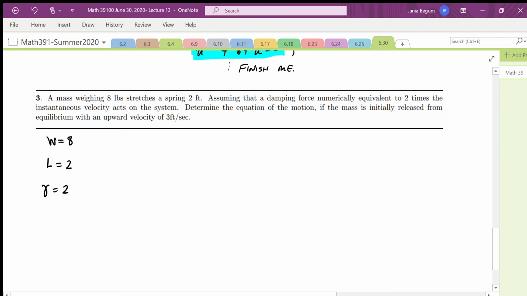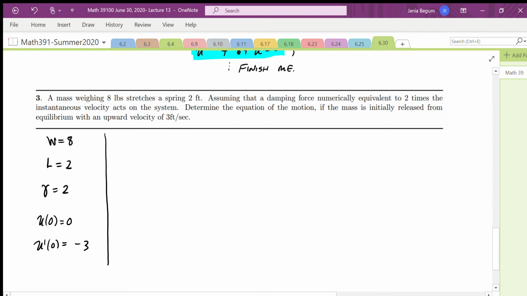We want to determine the motion of this mass if it is initially released from the equilibrium position with an upward velocity of 3 feet per second. So the position is 0, and the initial velocity is 3 feet per second upward, so that's -3. These are the givens.